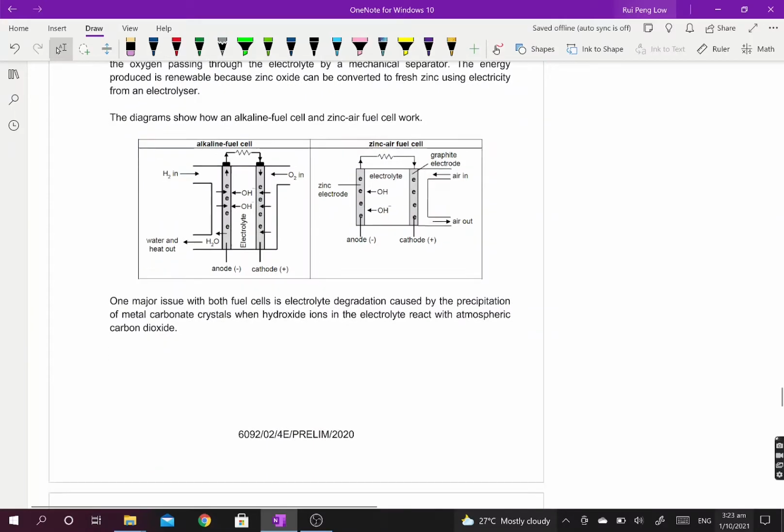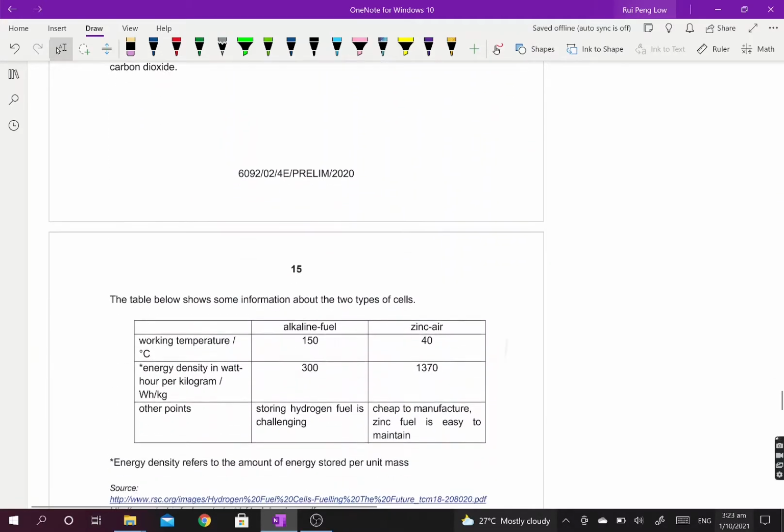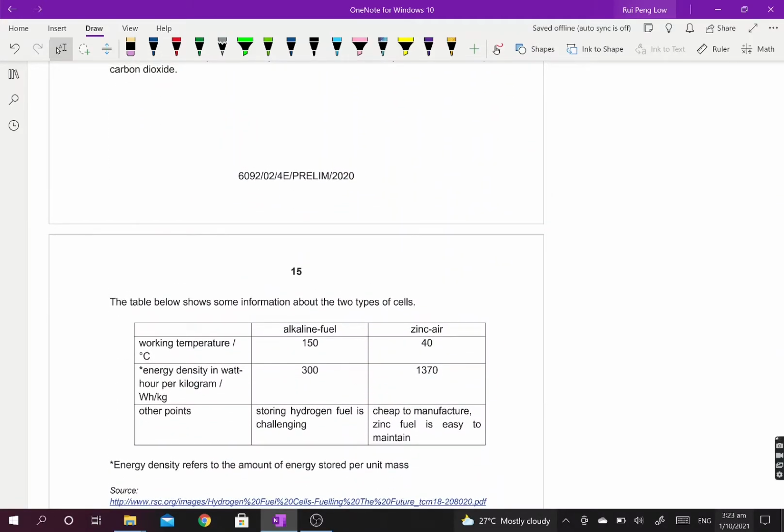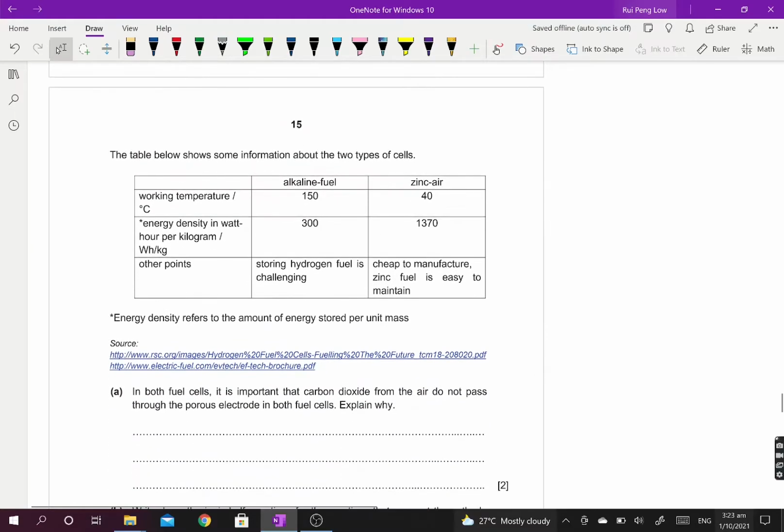The table below shows some information about the two types of cell. Working temperature: alkaline fuel cell is 150 degrees Celsius, zinc air is 40 degrees. Energy density is 300 for the alkaline fuel cell, zinc air is 1300.